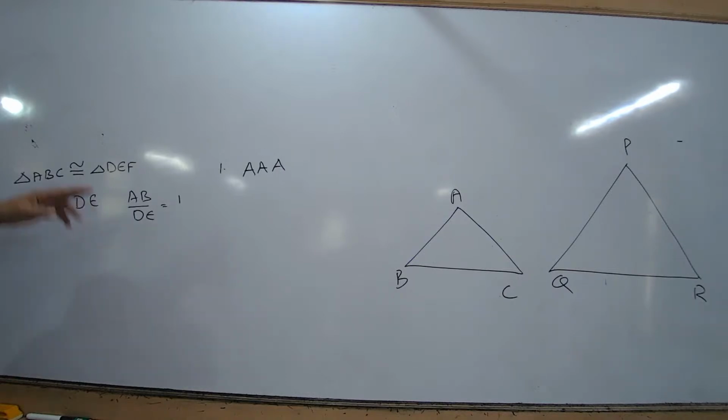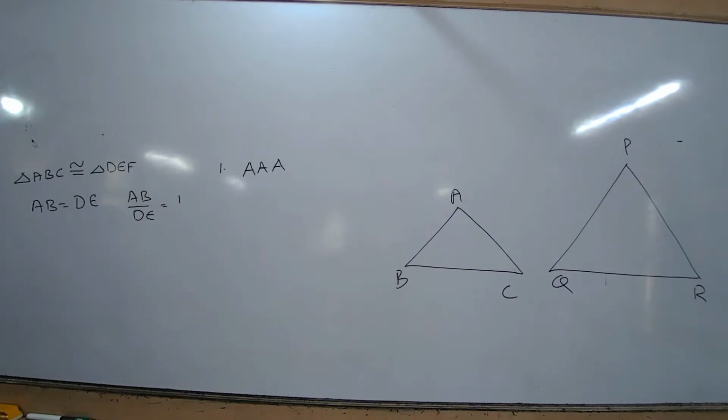Angle A is equal to angle P, angle B is equal to angle Q, angle C is equal to angle R. Therefore, triangle ABC will be similar to triangle PQR by AAA similarity.